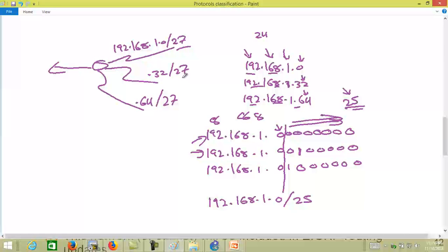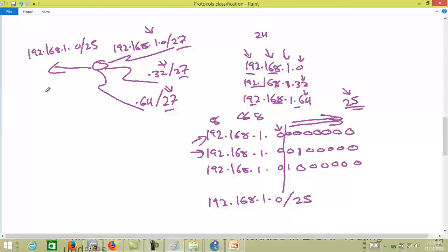So if we take all these /27s, we can advertise them as 192.168.1.0/25. That's what we call summarization, which is essentially the reverse of subnetting. You have subnets or child routes, and you advertise them in a mother route. Summarization and supernetting sometimes can be used interchangeably, but there is a slight difference.